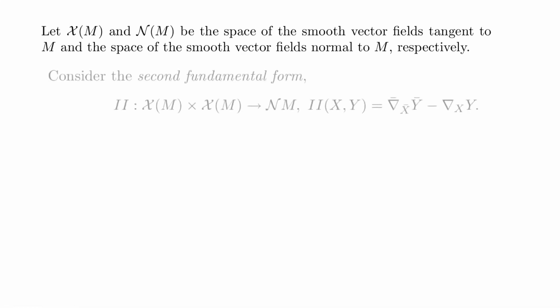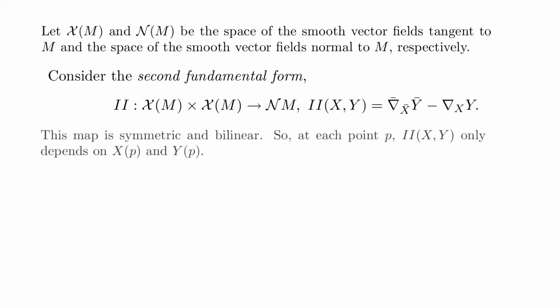So the second fundamental form, it says this product of tangent vectors on M to normal vectors by means of the relation, the projection of the normal connection onto the normal bundle, you know, when you work in this codimension.